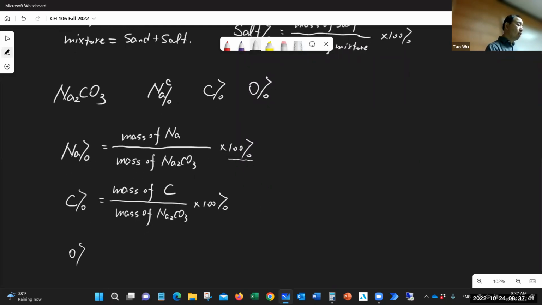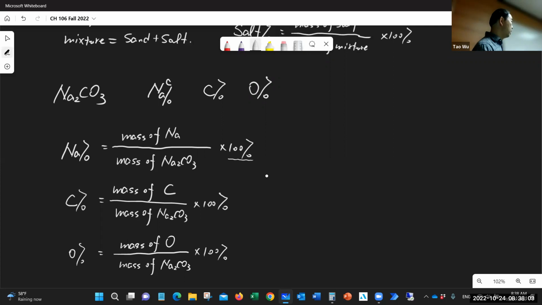That's just the mass of the oxygen divided by the mass of the sodium carbonate, and you times 100%. So this gives you the percentage for each of these elements in the sodium carbonate.